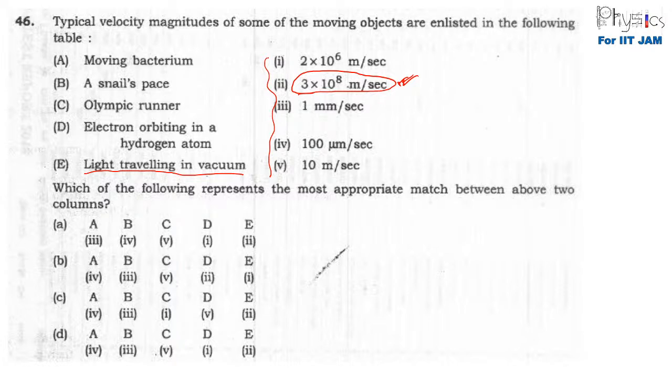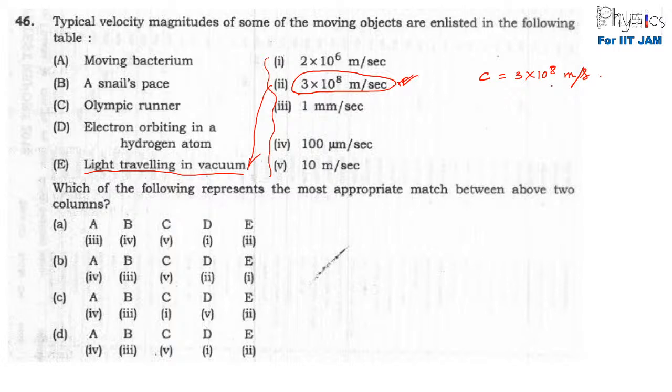So this is the velocity of light in vacuum. The velocity of light in vacuum is C equal to 3 into 10 to the power 8 meter per second.